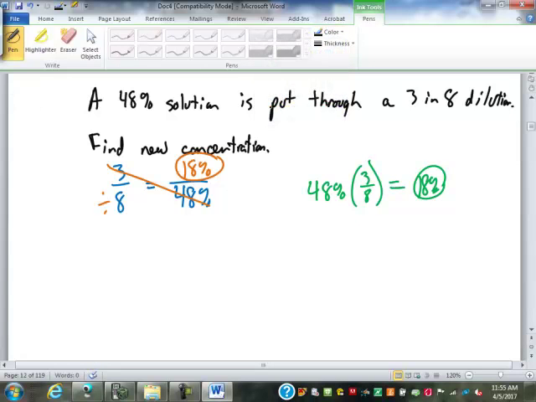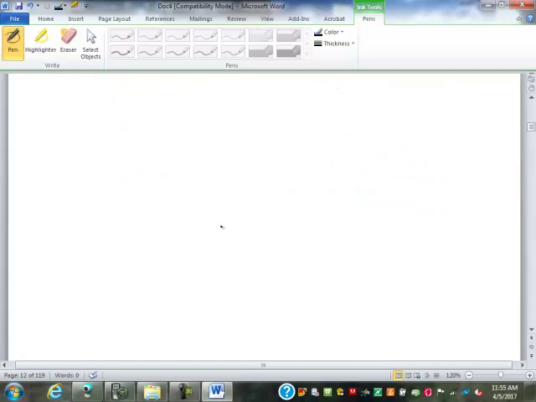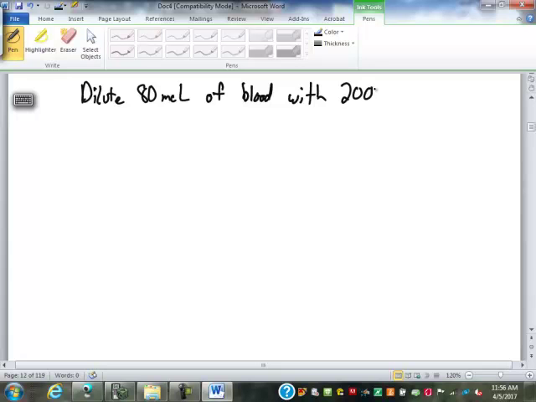Kind of the big kahuna, the big challenge with our dilutions was problems where we're doing blood testing or urine testing. So if we have that sample that exceeds the meter, we're going to dilute 80 microliters, we'll put in, make it a little easier on ourselves, microliters of blood with 200 microliters of sterile water, of NS.